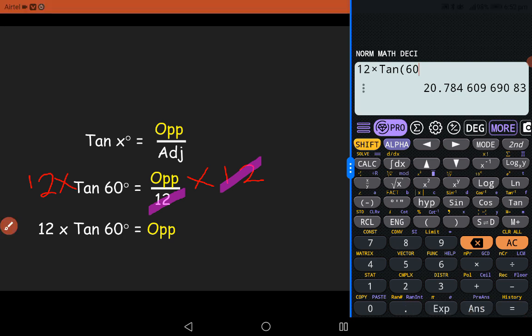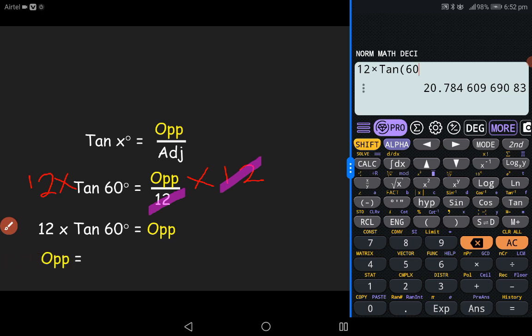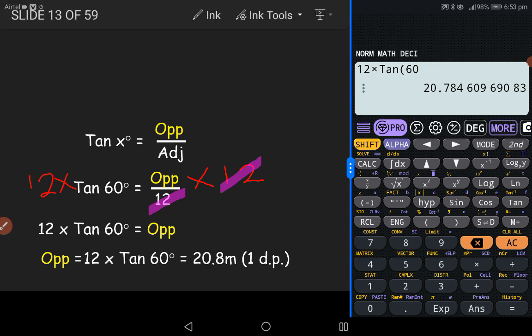So the opposite side is 12 multiplied by tangent of 60. If you punch this on your calculator, the calculator value is 20.78. You round it off to 3 significant figures or to one decimal place, and you find 20.8.